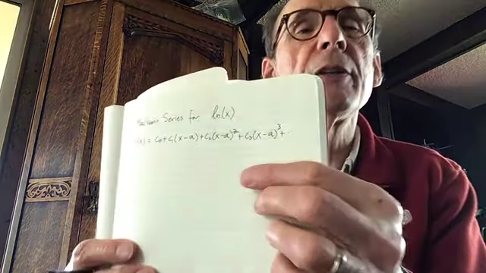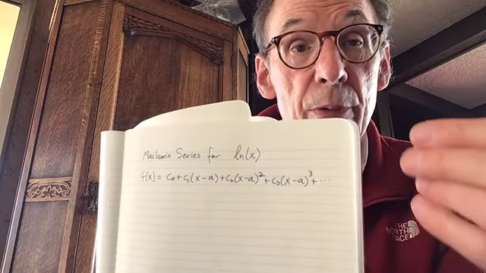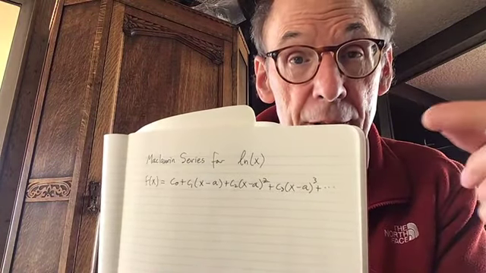But what you're doing is you're centering everything at A instead of at 0 like you would with a Maclaurin series. So this is a Taylor series. And the problem is when, let's say what the coefficients are. The coefficients are f nth derivative at A over n factorial.